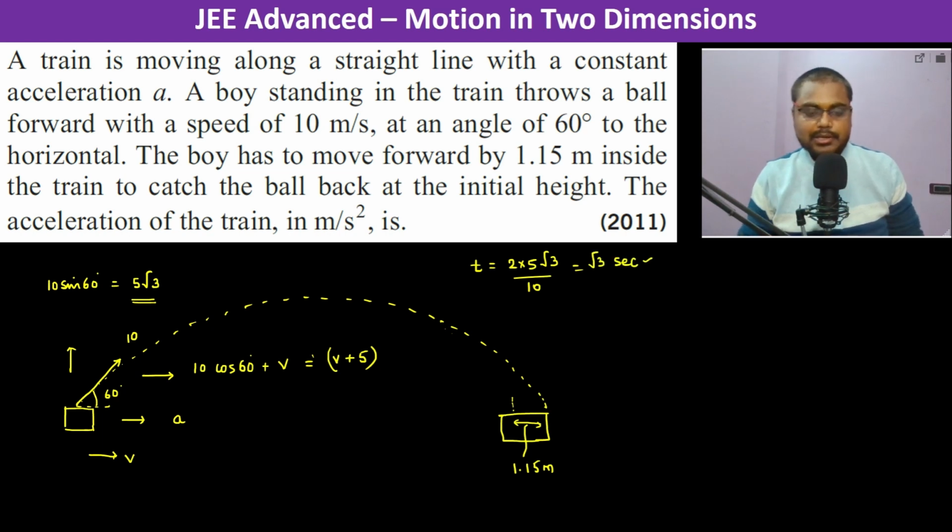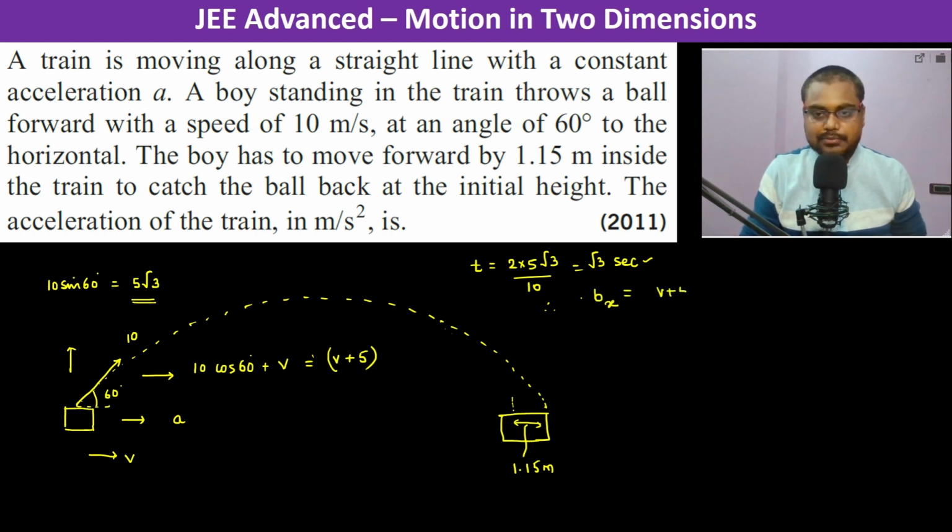Okay. Now the ball is not having any acceleration a in the forward direction because it has left the train. So therefore we can write that the displacement of the ball in x direction is going to be v plus 5 into √3.